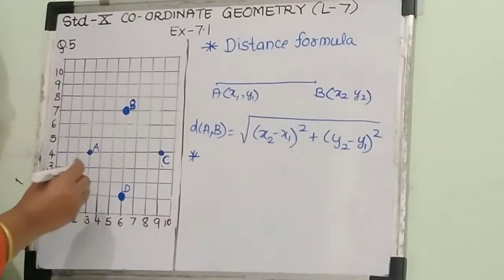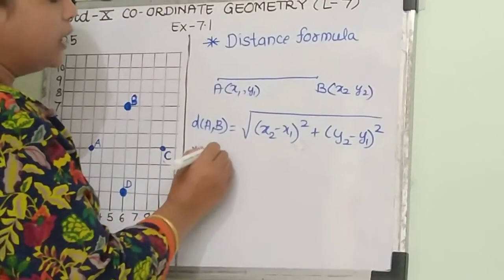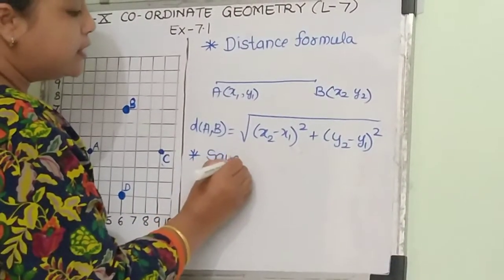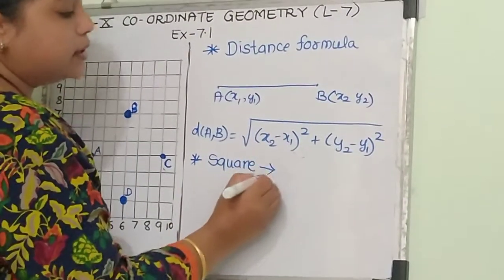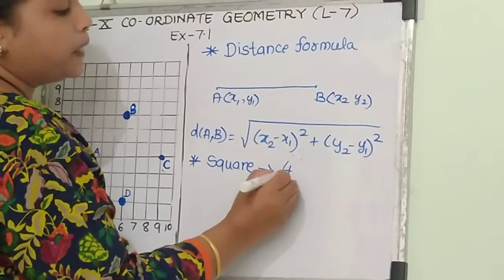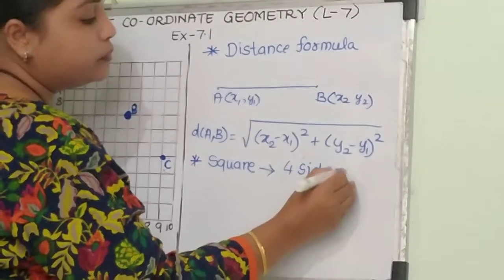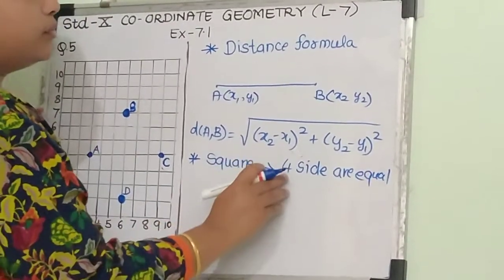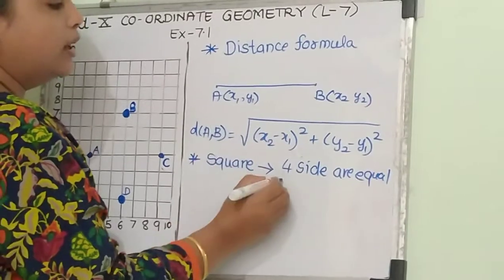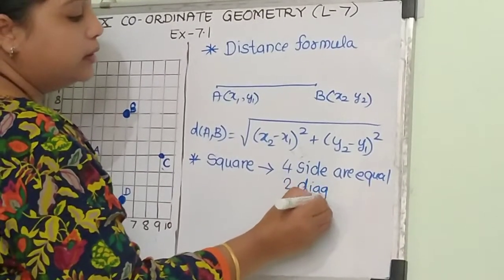hint. If you have to show that the given quadrilateral is a square in coordinate geometry, you need to get 4 sides equal, which means we get the distance of all 4 sides equal, and then the 2 diagonals are equal.